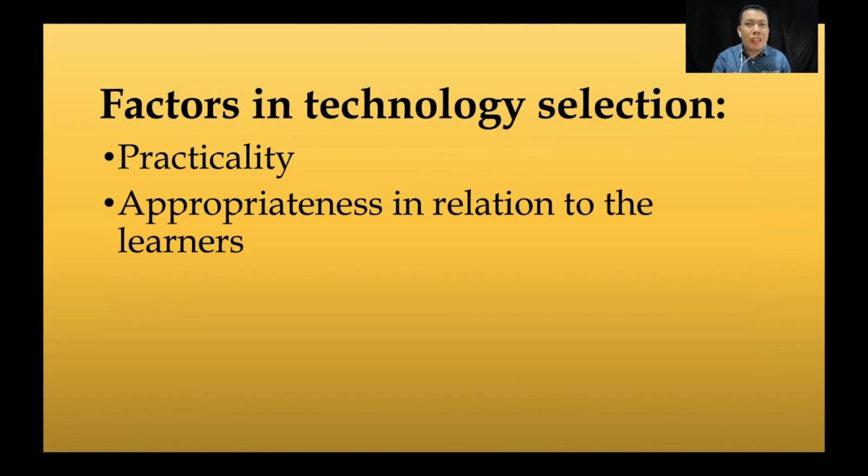It is not necessary that you use complicated technologies just to prove that you are very good in using technology. So you make sure that the technology that you will be using is appropriate to the learners and appropriate to the lessons that you will be discussing.